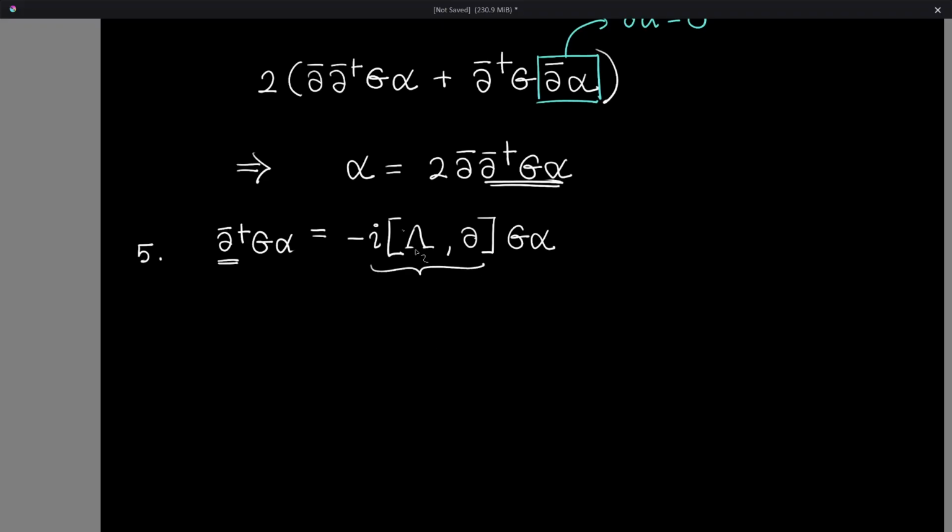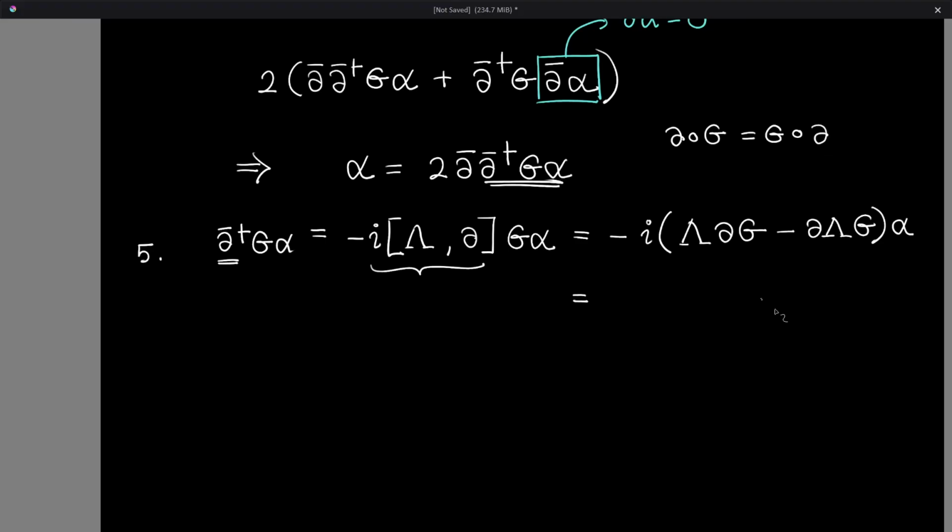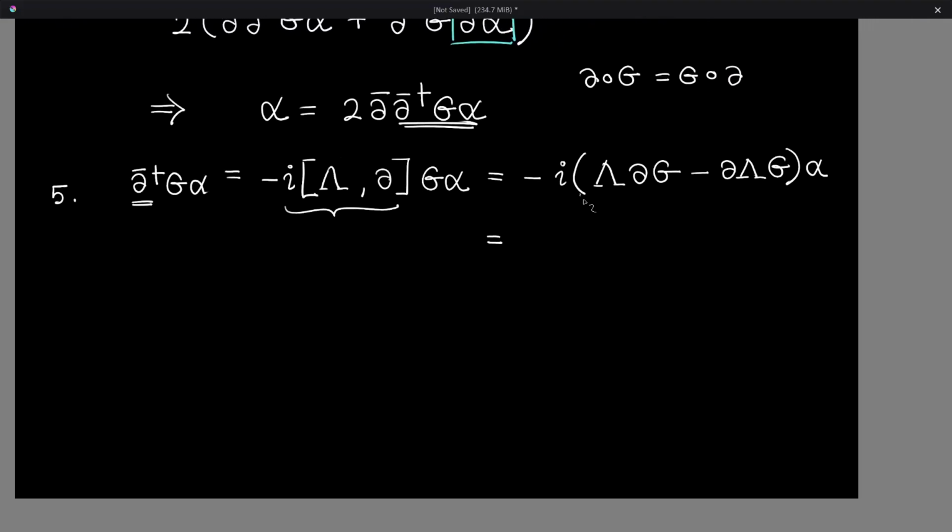We've taken the i to the other side. So if we do that, let's expand out the commutation relation: minus lambda partial G minus partial lambda G alpha. And now we use the fact that partial also commutes with G. And so we get that this is 0 because we get G partial alpha, and partial alpha is 0.